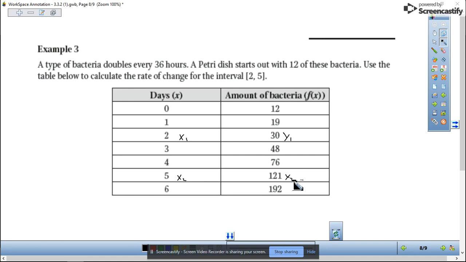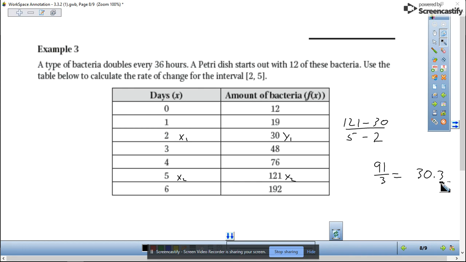Okay, so to calculate the average rate of change, we're going to do y2 minus y1, so 121 minus 30, and then x2 minus x1, which is 5 minus 2. Not 3, it's 2. Wrong point. Alright, so when we go to calculate that, we're going to subtract it out. 121 minus 30 is 91. 5 minus 2 is 3.